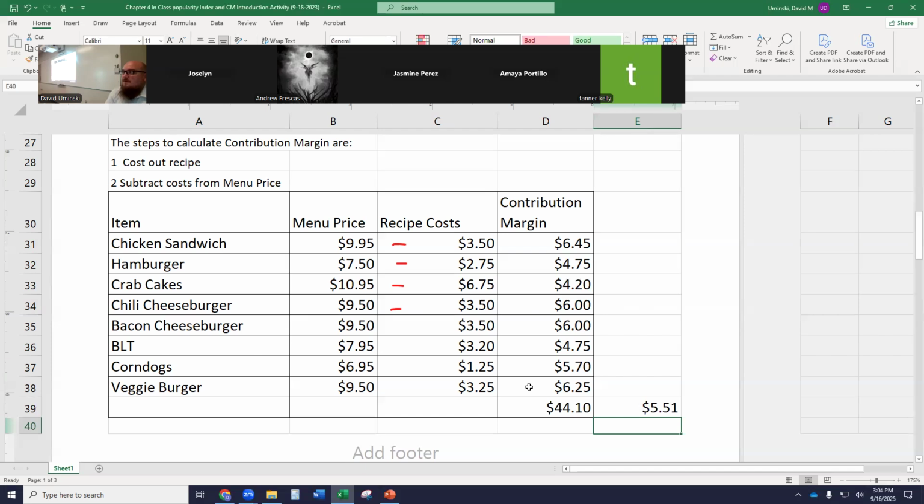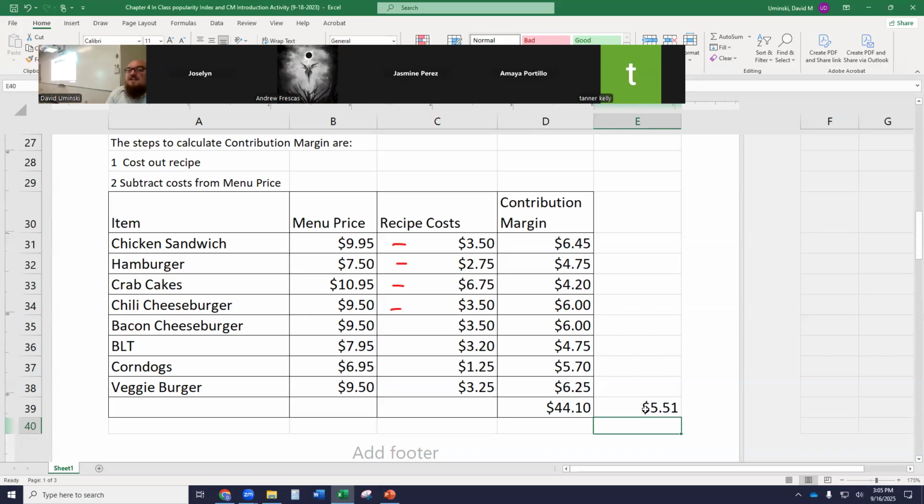Average contribution margin of $5.51. It came out to 5.575. Normally you would round to 5.58. Yes, Excel is not going to do the rounding rules.